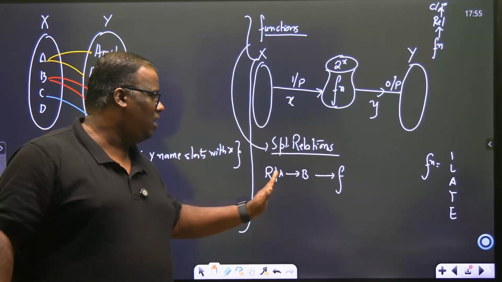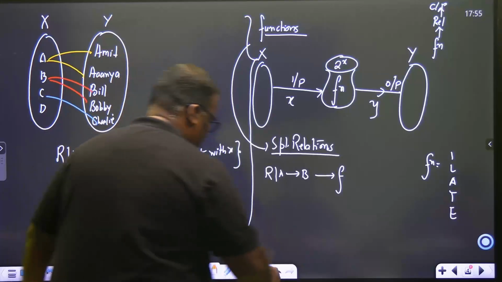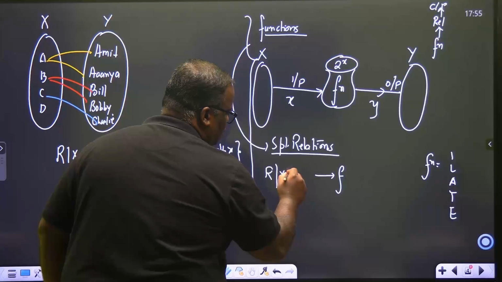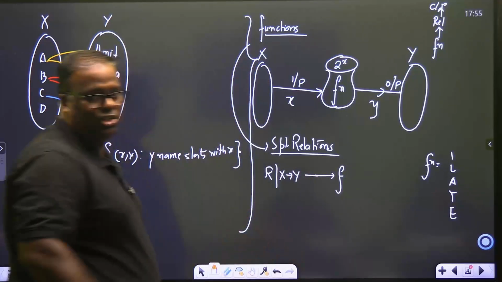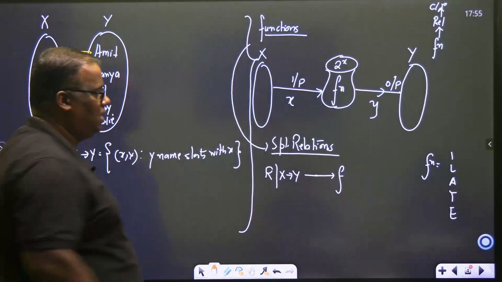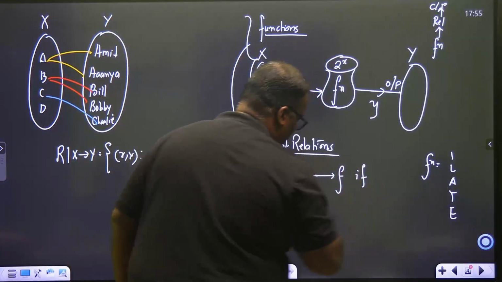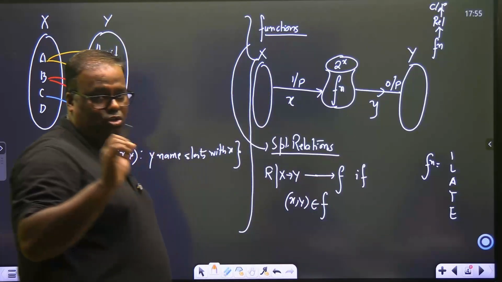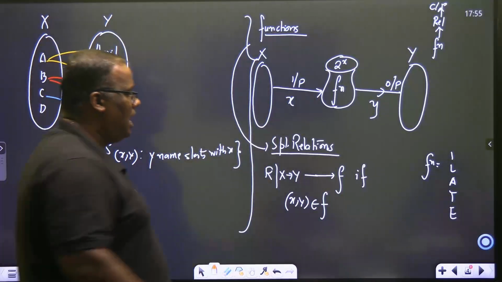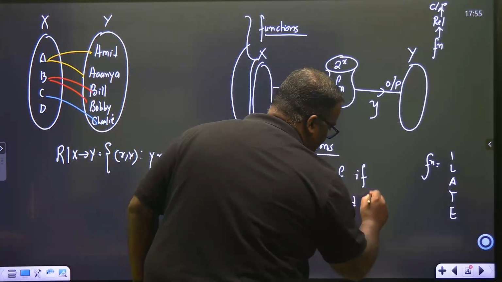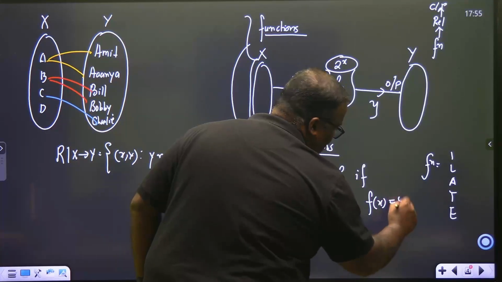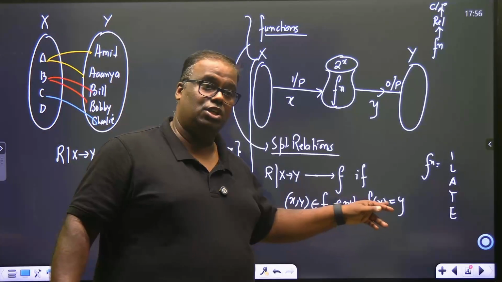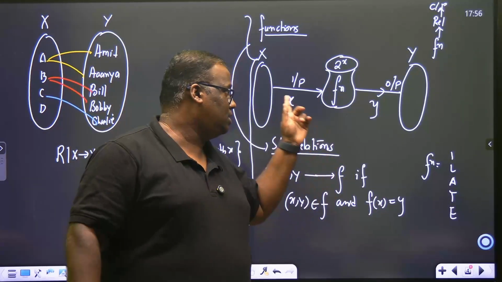A relation R mapped from A to B, or say, let's keep it the way we are learning it, from X to Y, will be considered as a function if (x, y) as an ordered pair belongs to the function, and f(x) is equal to y. The function value of this input is equal to y. Let's stop here. This is input, this is output.